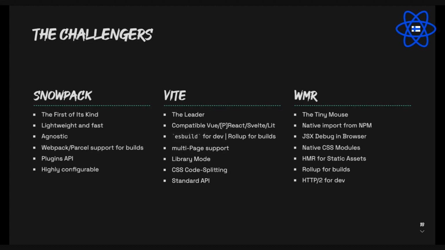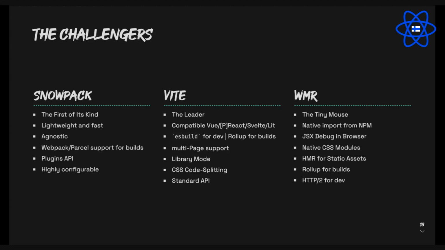It supports multi-pages, which is really nice if you want to use it to power a complex application with different entry points, like generating a static site, for example. It also works in this case. There is a kind of library mode, so you can still use it to develop a library and not only a front-end project. So you can use it to work, dev, and publish your private or open source library in this context.